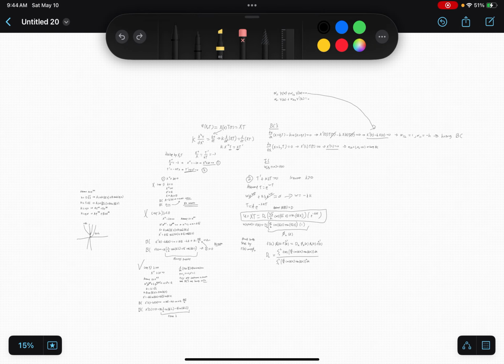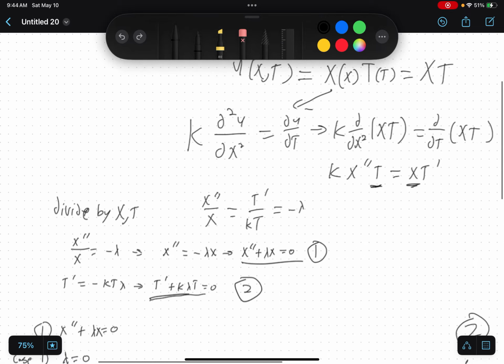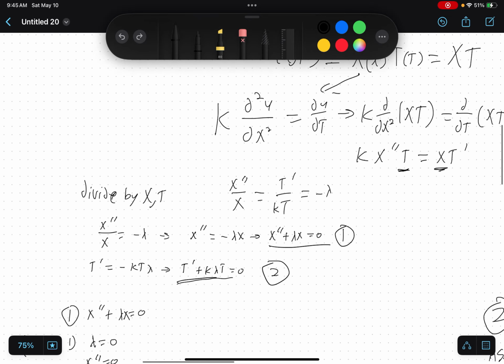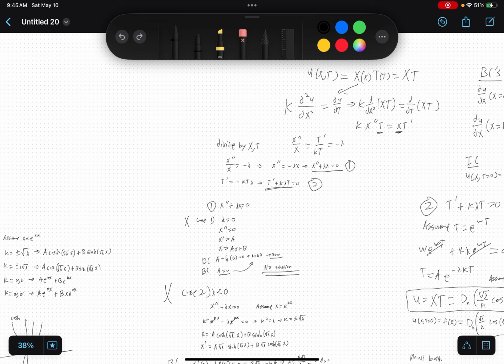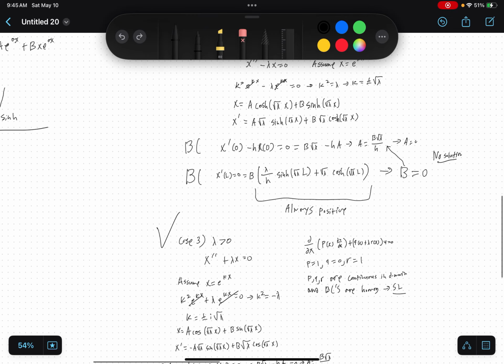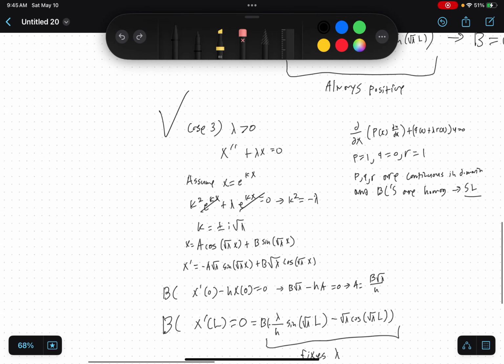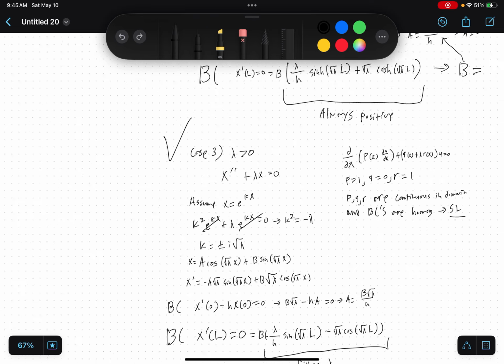But that is essentially separation of variables. So we split our differential equation into two equations. We solve the first one. One of them is always going to be a Strum Liouville one, and you can automatically know which case it's going to be by knowing what lambda has to be to get a solution of plus minus i root lambda.